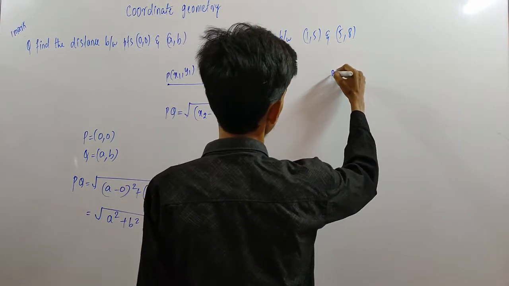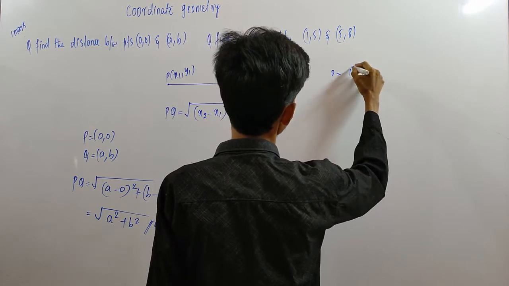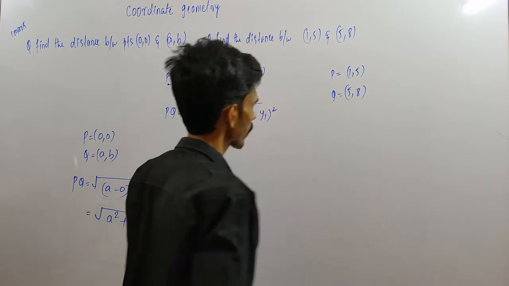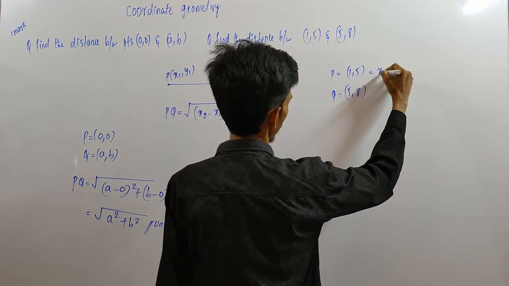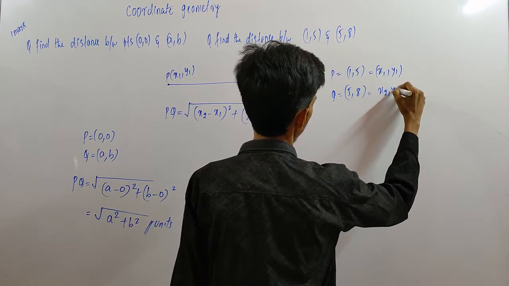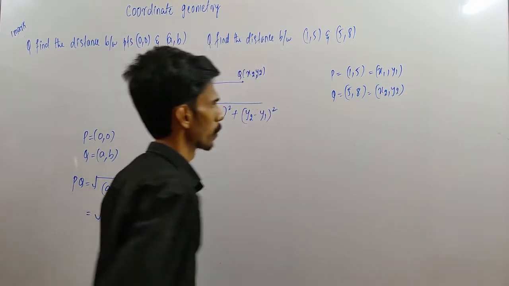Similarly, find the distance between (1, 5) and (5, 8). Let us take P as (1, 5) and Q as (5, 8). We can denote it by (x1, y1), (x2, y2).